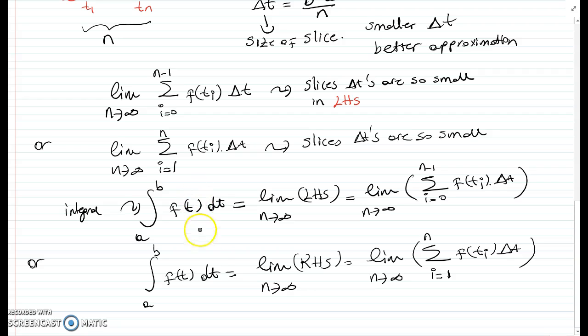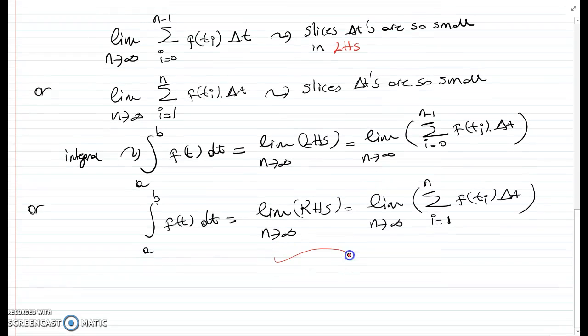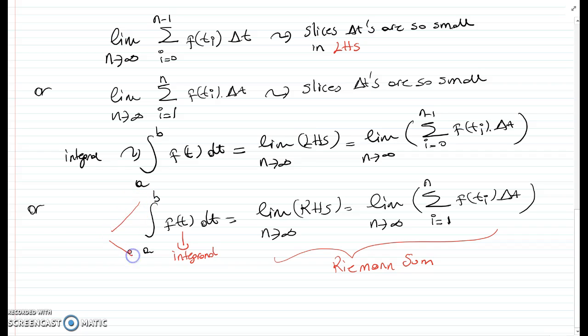Each of these is called a Riemann sum, and f is called the integrand. a and b are called the limits of integration.